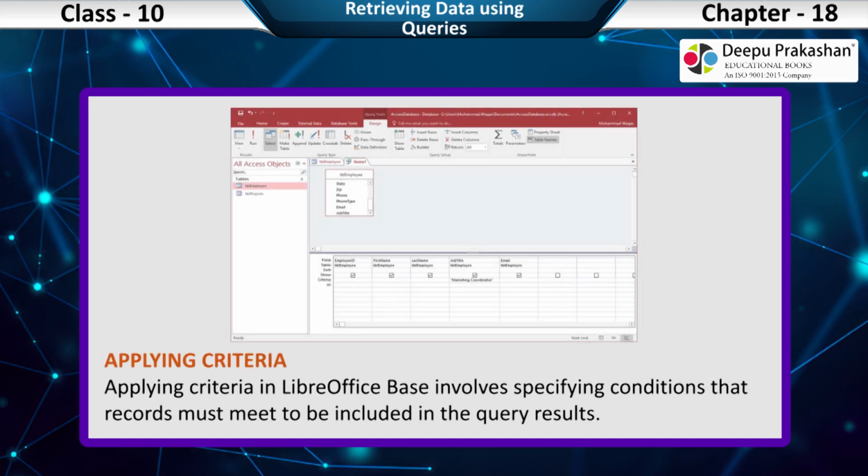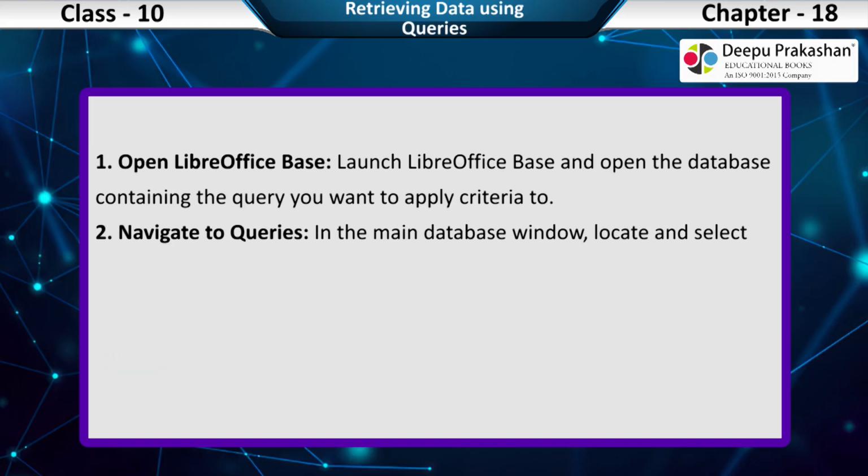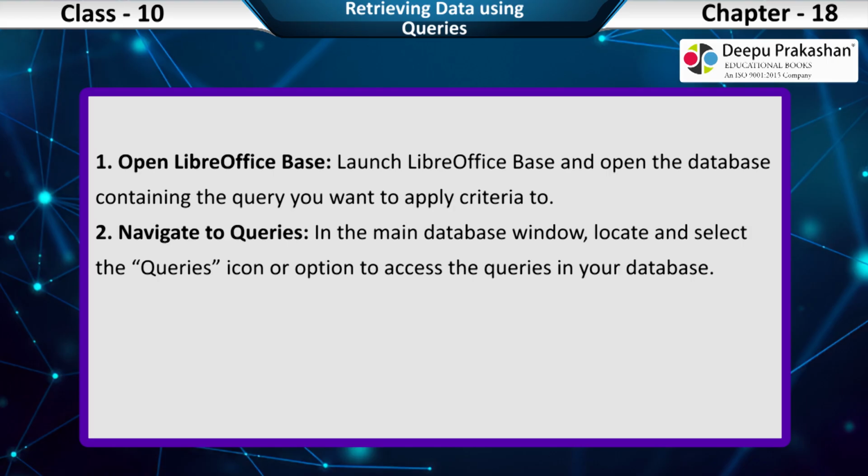Applying criteria. Applying criteria in LibreOffice Base involves specifying conditions that records must meet to be included in the query results. Open LibreOffice Base. Launch LibreOffice Base and open the database containing the query you want to apply criteria to. Navigate to Queries.